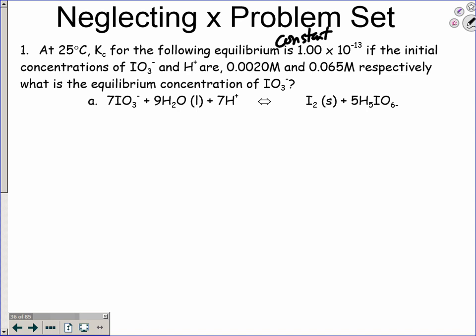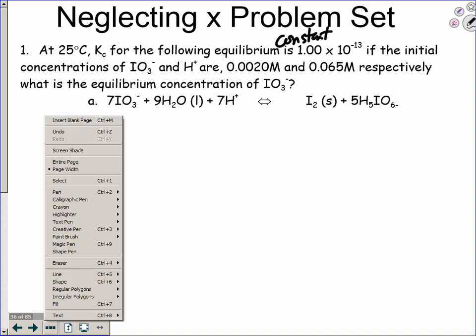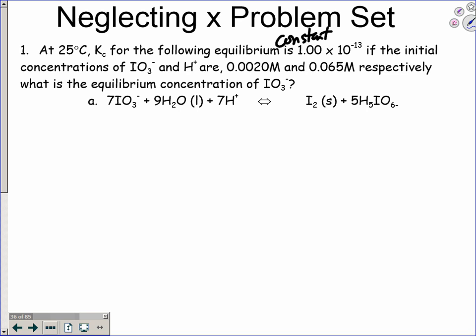So what do we have set up? An ICE table. They didn't give us initial values for everything, so we're not doing what first? Q versus K, right? If they did give it to us for everything, we would be running Q versus K. All right, we're given 0.002 molar for who? Iodate, okay.